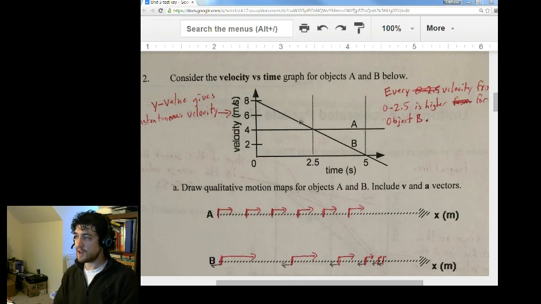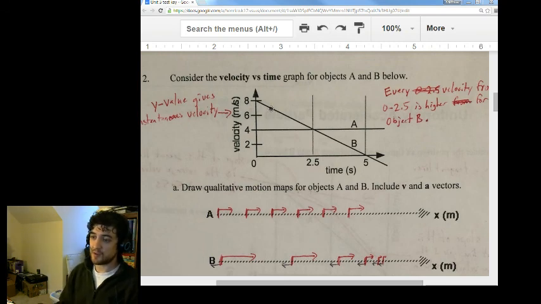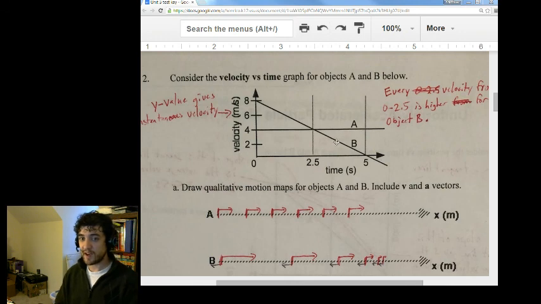Because this is a line, you can simply use the midpoint theorem, which is to say that you take the 2 endpoints of the segment you're interested in, average out the y values, and that tells you the average in the center. So we can find average velocity as long as this is linear quite easily. The average velocity for B between 0 and 2.5 is 6. The average between 2.5 and 5 is 2.